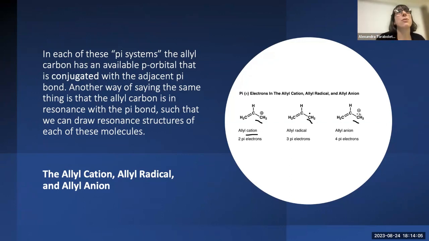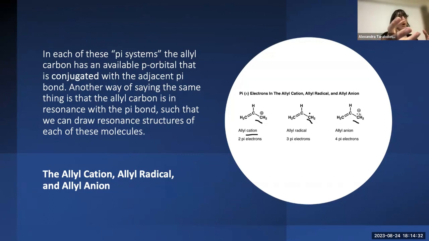Now, these guys don't just exist on their own. Just like when we were talking about the carbocation, it doesn't just like to hang out as that. So we're not just going around with an allyl cation or an allylic radical just being there on its own. Often during a reaction, first, one of these is formed.